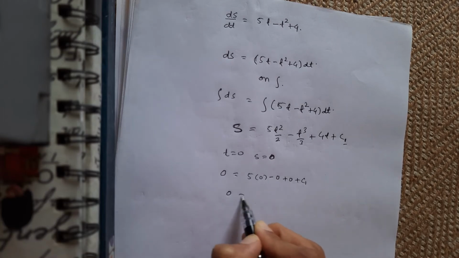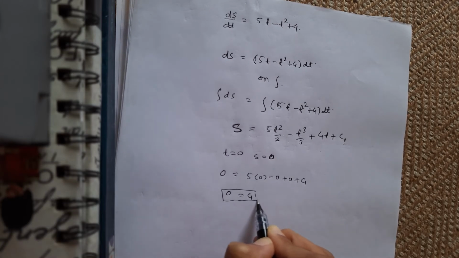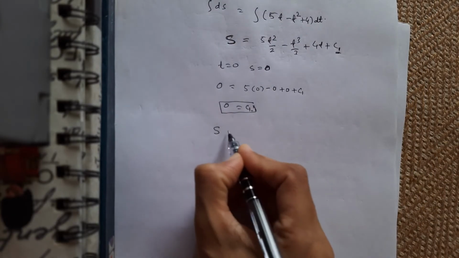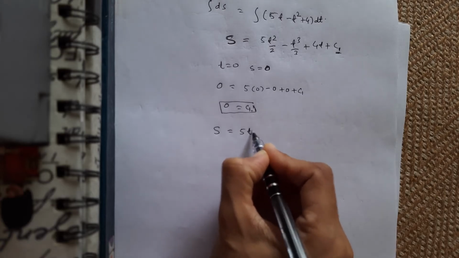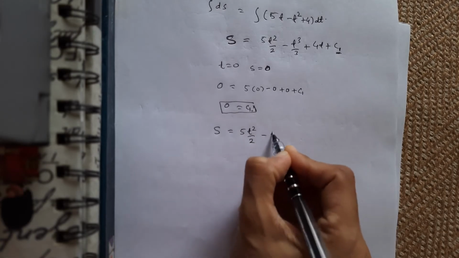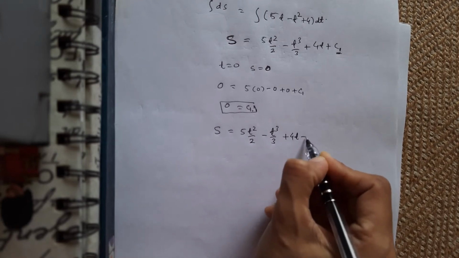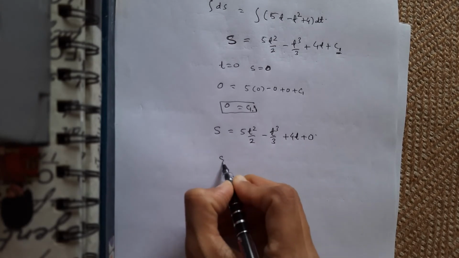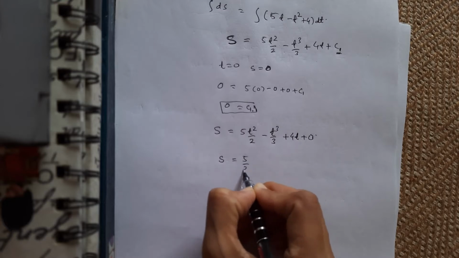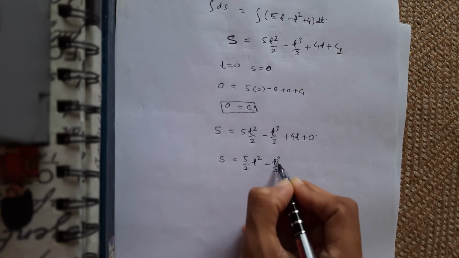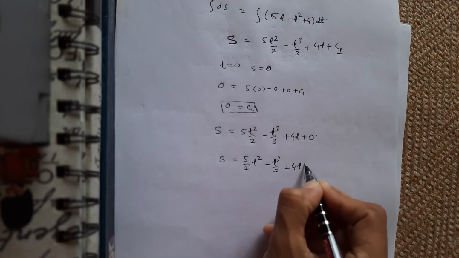So obviously c1 I am getting as 0. Now I am again substituting this value here. So s equals 5t square by 2 minus t cube by 3 plus 4t plus 0. So s equals 5 by 2 t square minus t cube by 3 plus 4t.